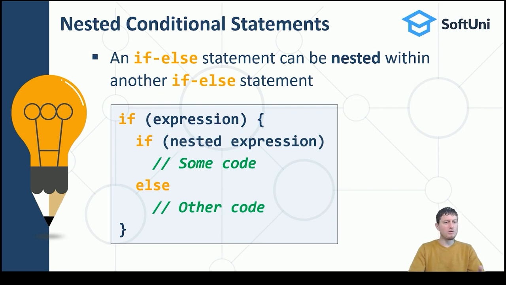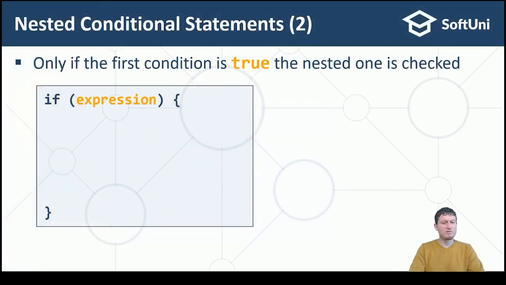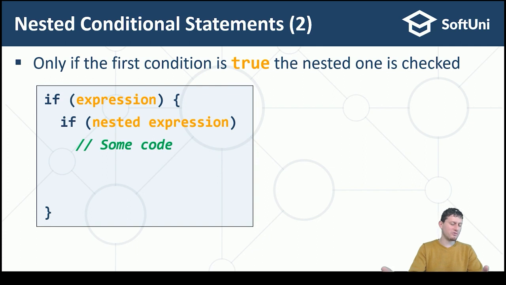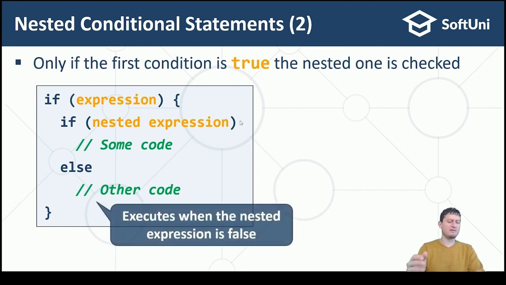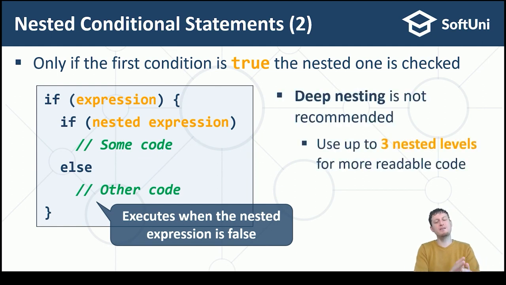Only if the first condition is true, the nested check will be evaluated, and if it is true, some code will be executed, otherwise this other code will be executed. So the final code is executed when the nested expression is false and the first outer expression is true. We can nest this in such a way at several levels.